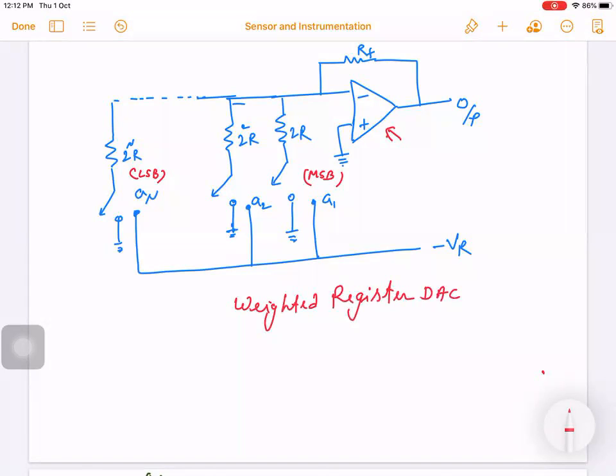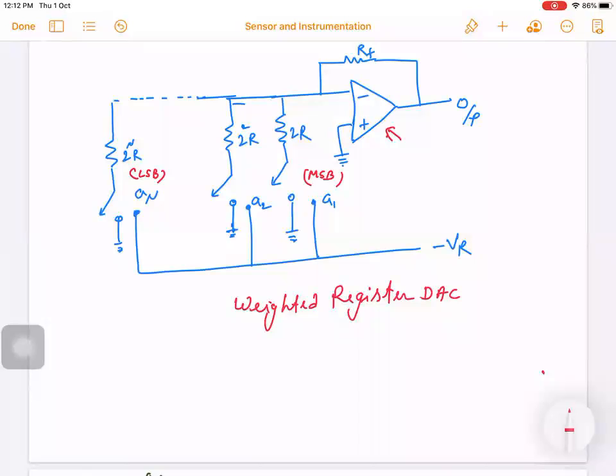Weighted means you can see here a number of resistors we are using. Suppose you have n bit DAC, मतलब जो n bit data को convert कर सके digital to analog.